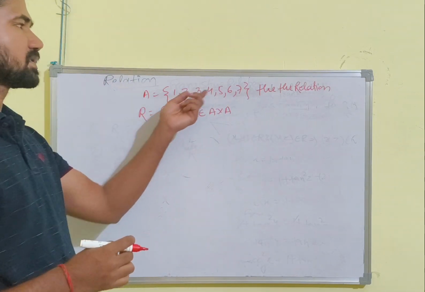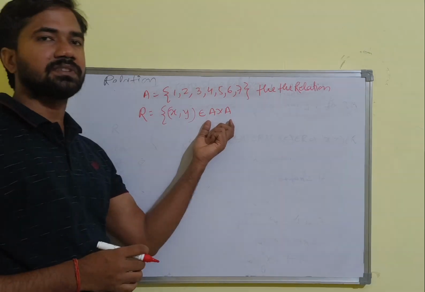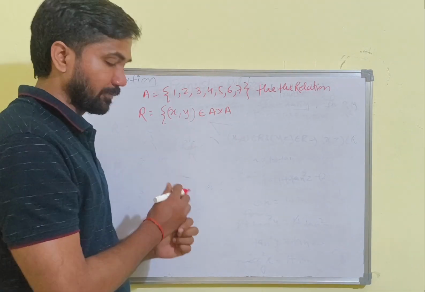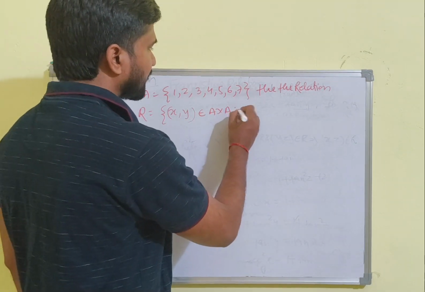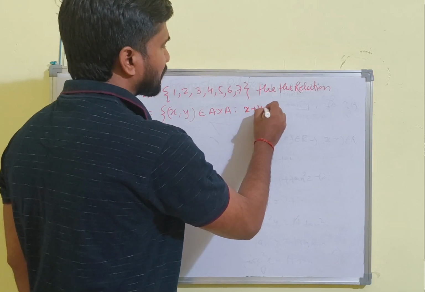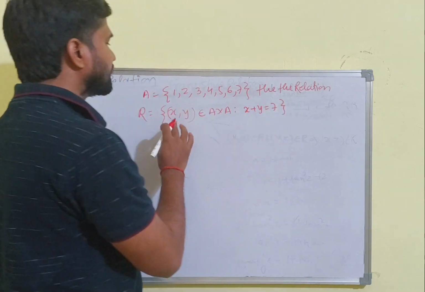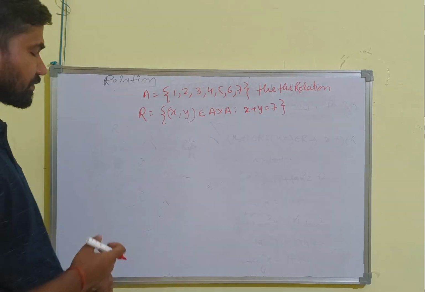A cross A, with 7 elements, how many elements will come? 49, 7 times 7 is 49. And they say such that x plus y equal to 7. This is the relation given, and options are given.